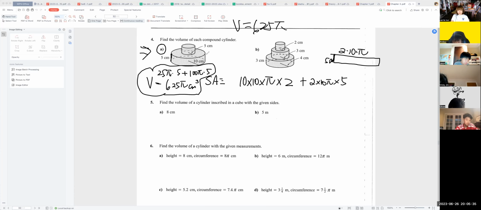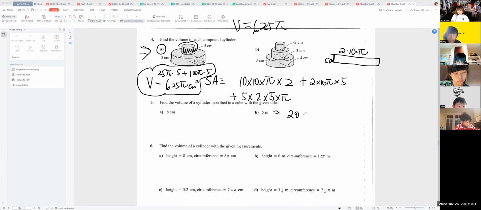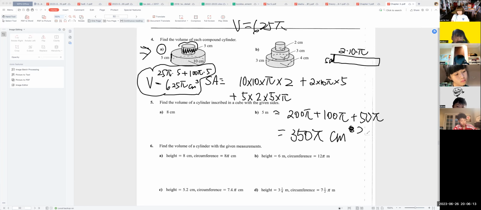So that is the surface area of the bottom cylinder. 好，再加上外面的这一圈 5 times 2 times 5 times pi. Ready, everybody? 这个我算出来的是这一圈，对不对？Okay, so the answer is 200 pi plus 100 pi plus 50 pi. So the answer is 350 pi centimeter square, because that's the surface area.